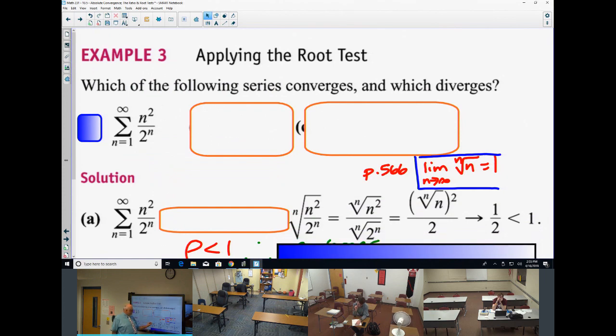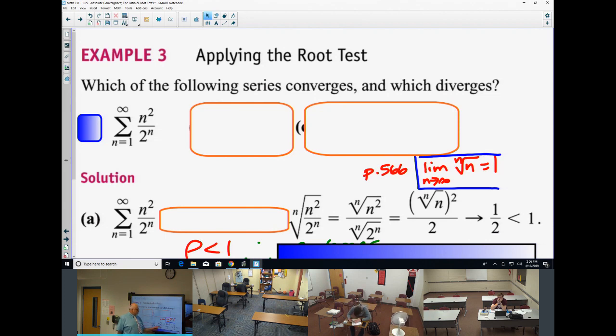We can split up the radical, so we're doing the nth root of both the numerator and the denominator. When we have the nth root of n to some power, you can bring the power out front. And when you have the nth root of n, this limit is just 1. So you get 1 squared, which is 1.